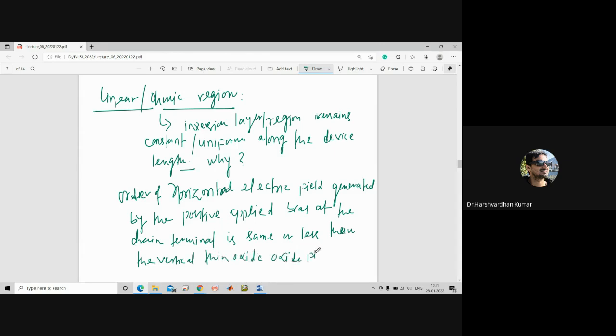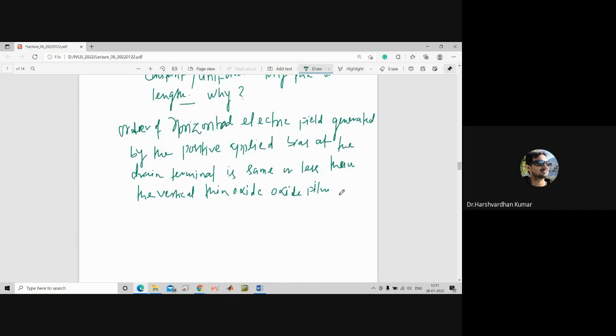So we have already understood the horizontal and vertical field.